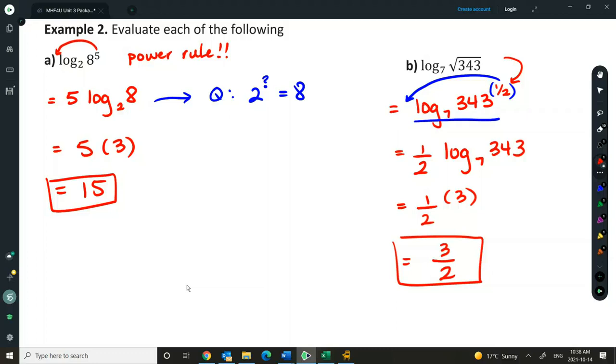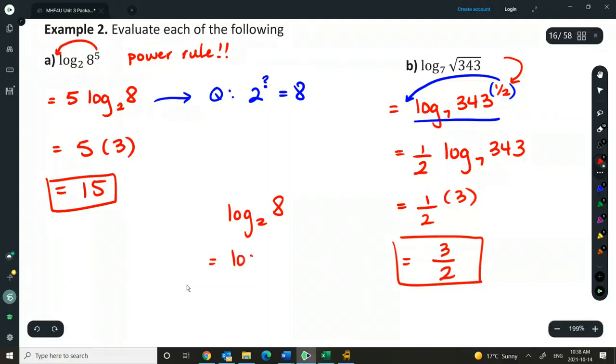So if you have log base 2 of 8, what we practiced, not yesterday, but 2 days ago, was expressing 8 as a base of 2. So if these bases are the same, this is log base 2 to the 3, right?